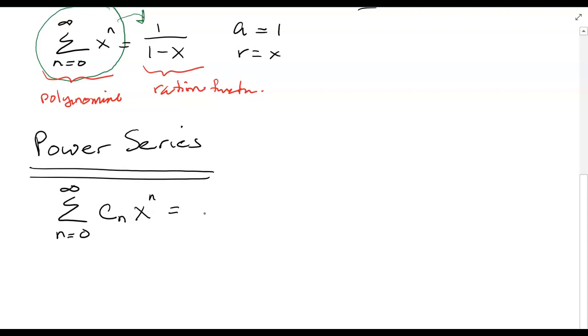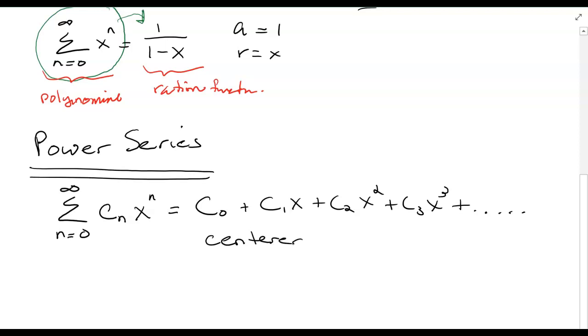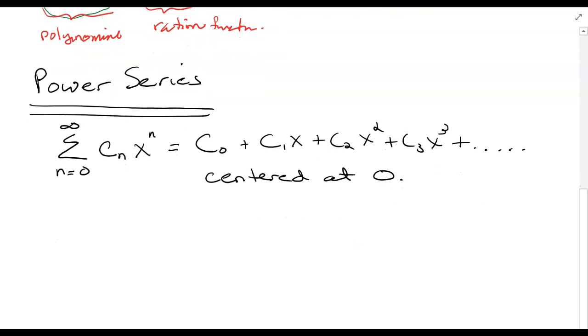Well, the first term, the x is going to go away because that's going to become a 1. So you have coefficient c sub 0, c sub 1 when x is to the first, c sub 2 when x is squared, and c sub 3 when x is cubed, and so on and so on. This is a power series that is centered at 0.